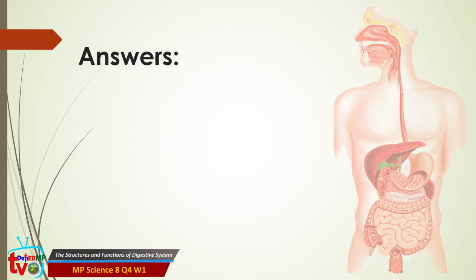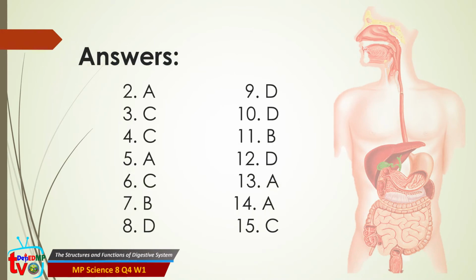Let us now check your answers. Number 2, A. Number 3, C. Number 4, C. Number 5, A. Number 6, C. Number 7, B. Number 8, D. Number 9, D. Number 10, D. Number 11, B. Number 12, D. Number 13, A. Number 14, A. And number 15, C. How is your score?